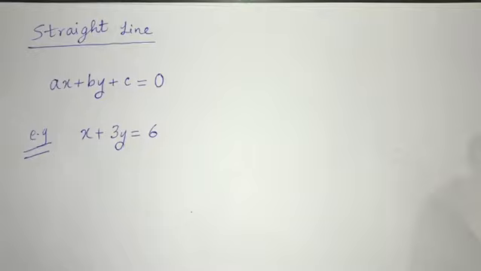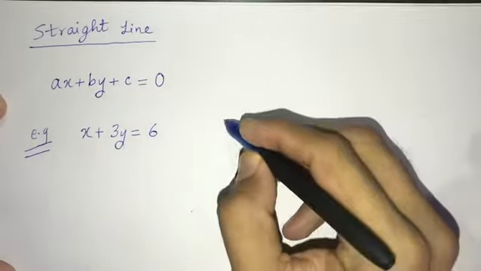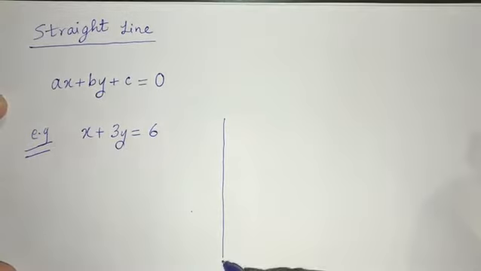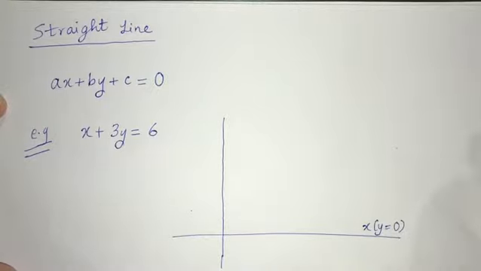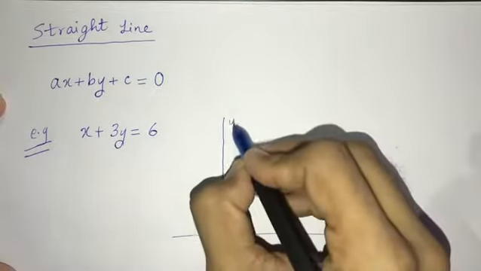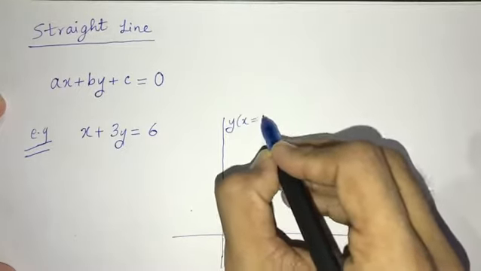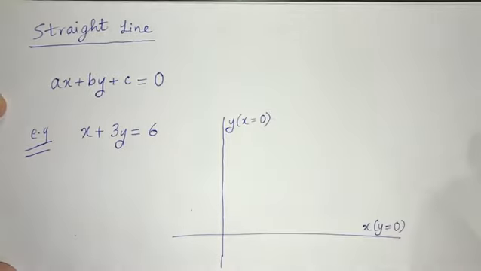To plot a straight line, I'll need 2 points. One point will be on the x-axis, the other point will be on the y-axis. To get a point on the x-axis, I'll put y as 0. To get a point on the y-axis, I'll put x as 0.